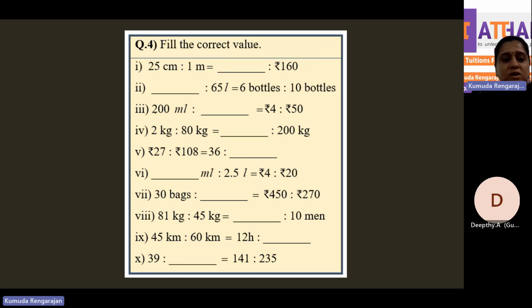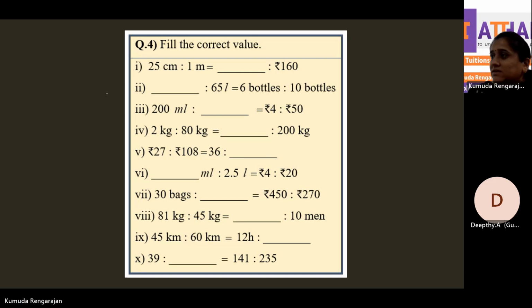See how it is given. 200 ml is to dash is equal to rupees 4 is to rupees 50. They are in proportion. So how do you work it? You should work it using the rule product of means is equal to product of extremes. You should use that to answer this question. Now, which one to write first? You want to write product of means first or product of extremes first? See where the missing value is.